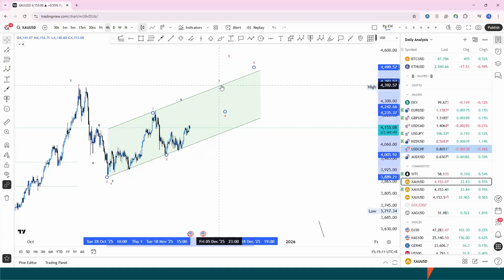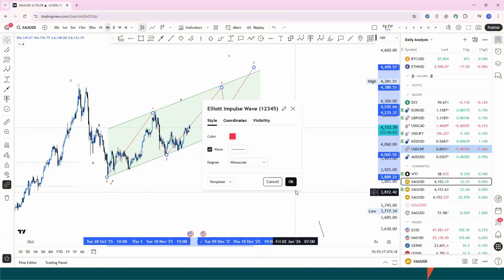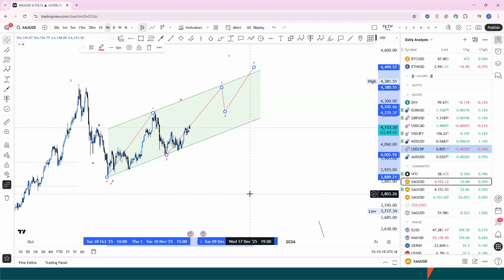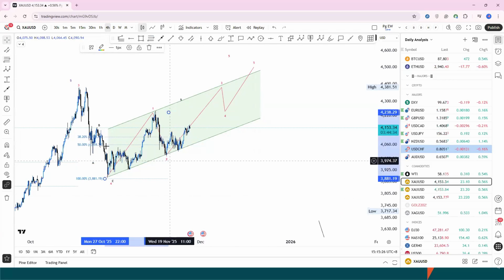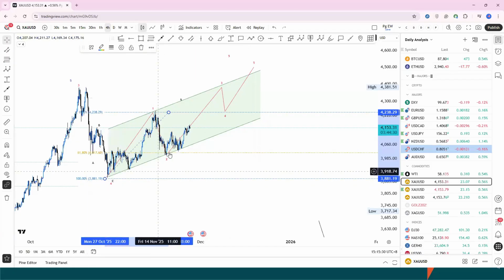Okay, my wave 3 is going to be somewhere here. One is going to be like that, from here to here. You will see that. Okay, wave 2 retraces, I think 61.8% here, right, within the channel.